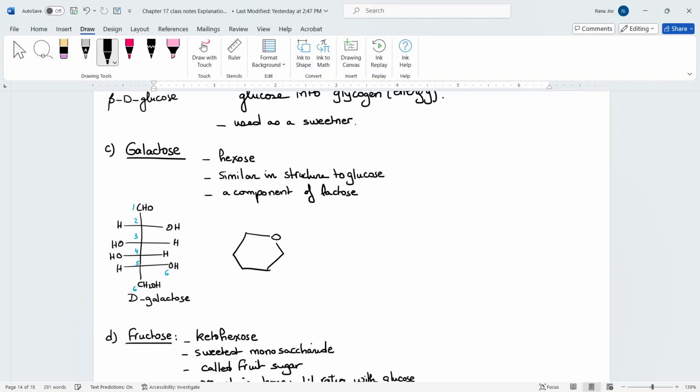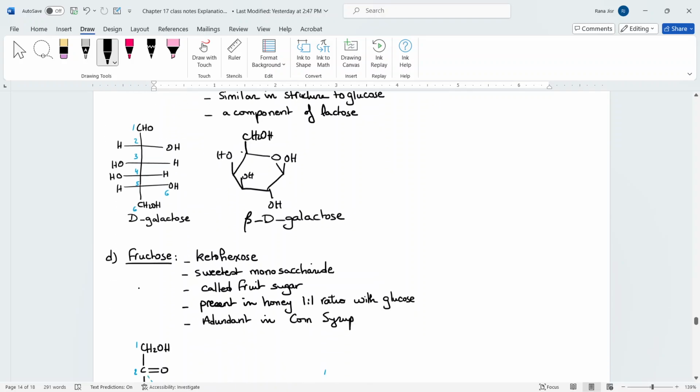So let's go ahead and draw its cycle. I'm drawing the beta anomer. This is going to be the OH, the OH over here, and the CH2OH, and that is the Haworth structure of the beta-D-galactose.